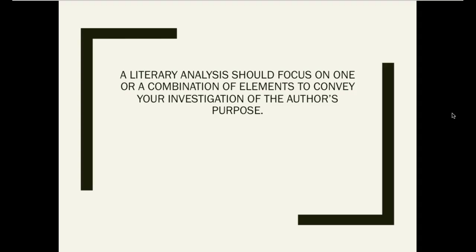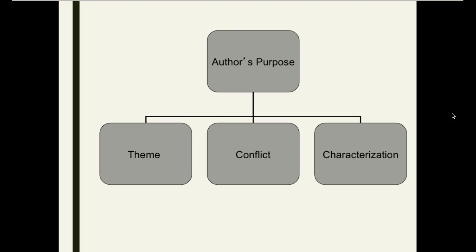One of the major elements, one of the major literary theories, not just theme. So here you have the author's purpose, and you would want to take a look at things in relation to one another, like theme, conflict, and characterization.